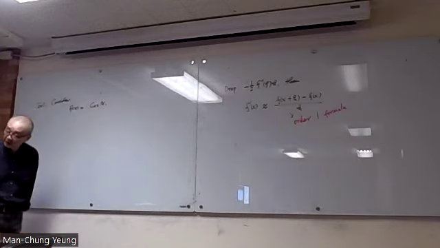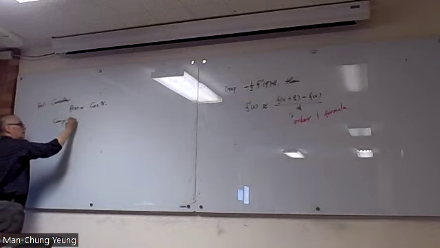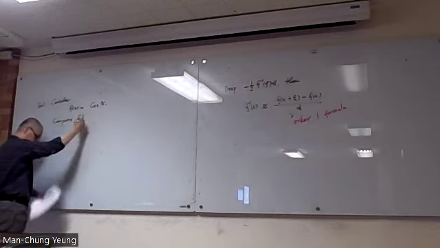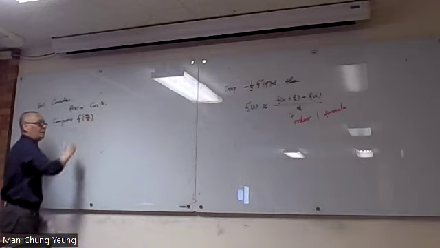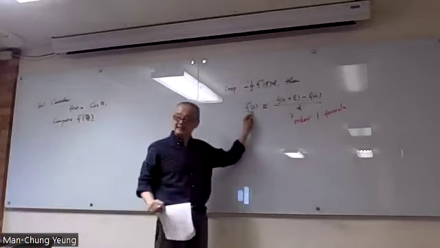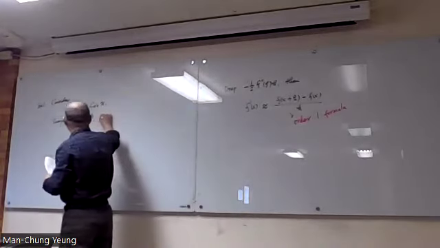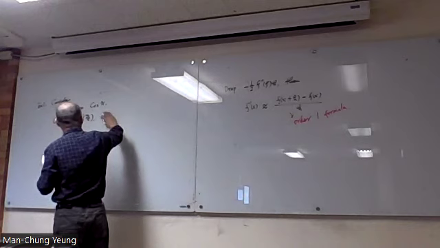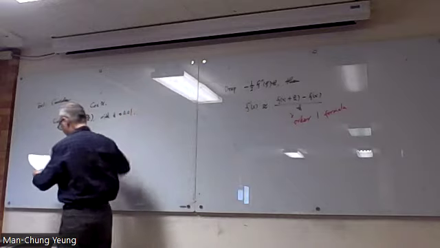I want to compute the derivative at pi over 4 by this formula. So x is pi over 4. How about h? Let h be 0.01.